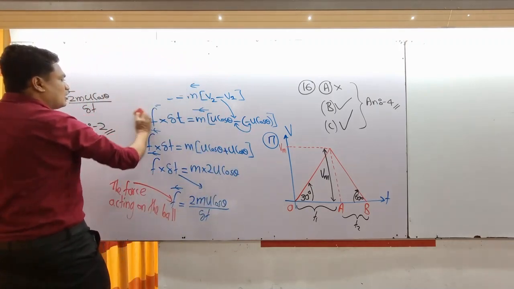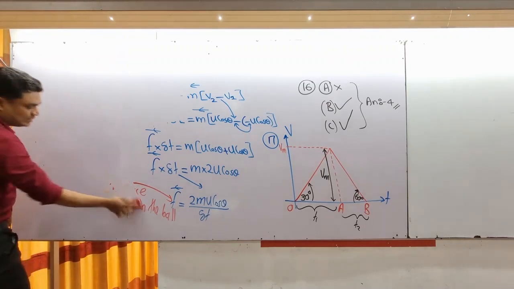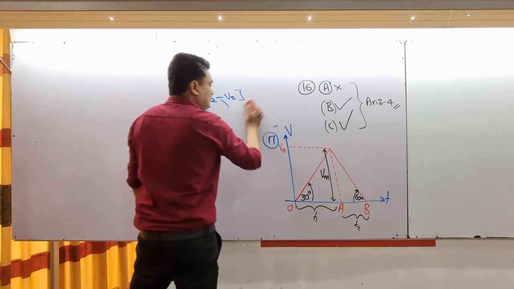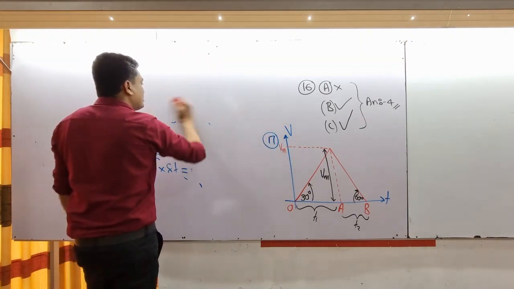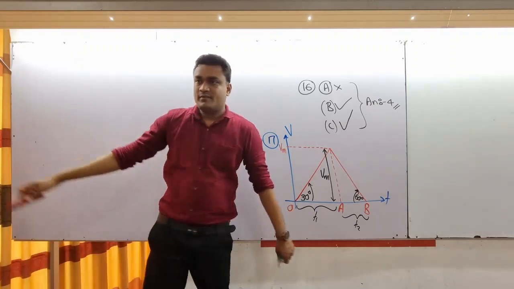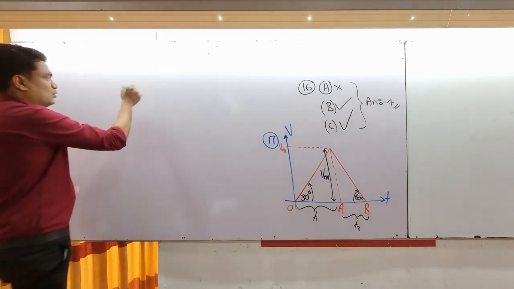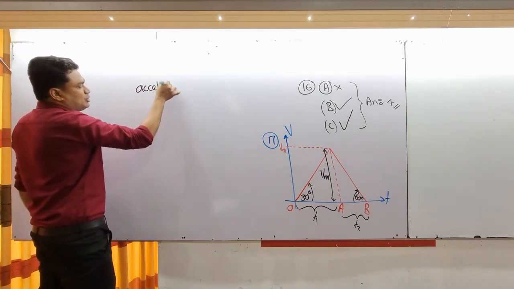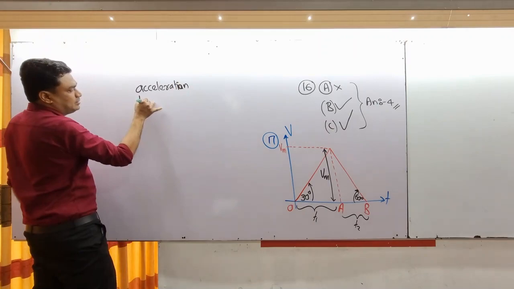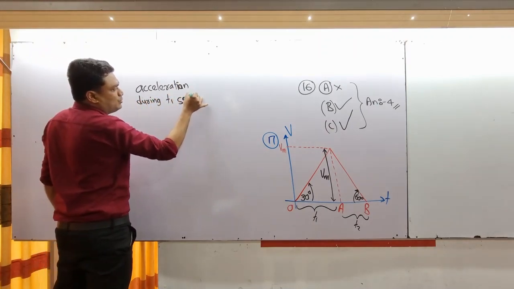How do we find the acceleration from a velocity time graph? Acceleration is the gradient. So, acceleration during T1 seconds, how do we find it?